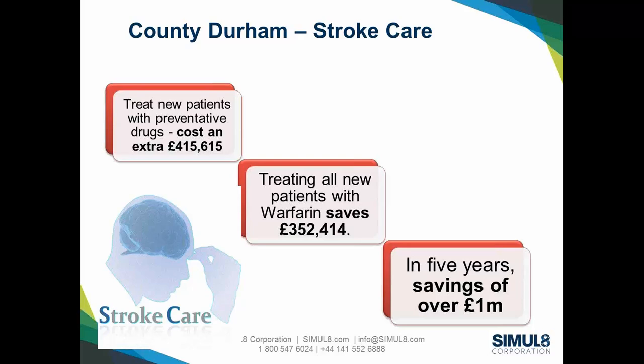Now again, that wasn't immediately obvious by looking at the initial introduction if you just looked at the cost of the drugs, and being able to model impact over a number of years can help with decision making about an investment at a particular point in time.